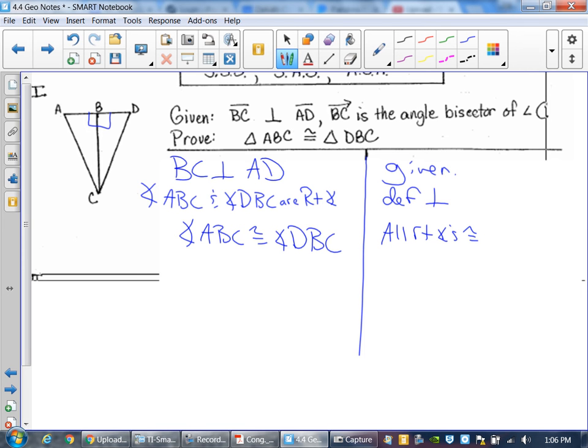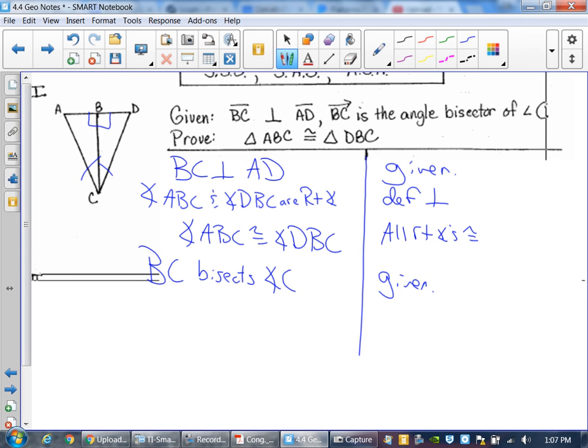BC bisects angle C. So when you have an angle bisector, that means angles are created. Which 2 angles? ABC and DBC. That's up here. Oh, so I did that one. Watch your letters. Angle C is at the bottom of the diagram.